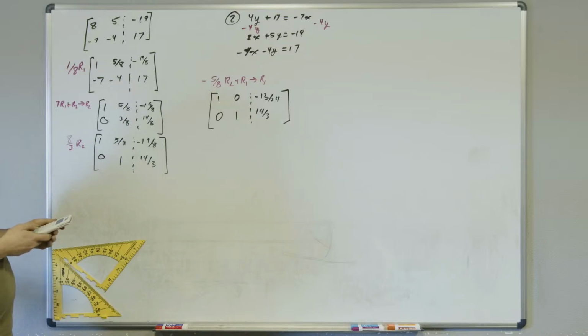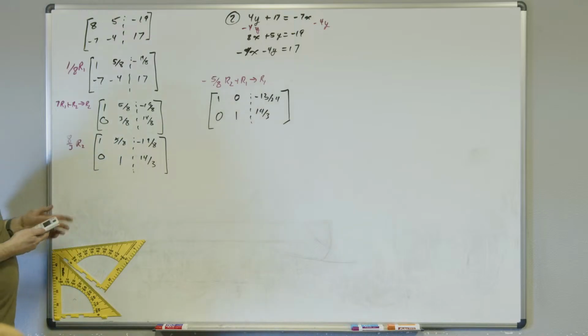Yes. 35/8 minus 4 equals 3/8. I'm getting 3/8. Yeah, that's what I got. That's because I wrote 85/8 for some reason. 35/8 minus 4 equals 3/8, which is what we wrote.